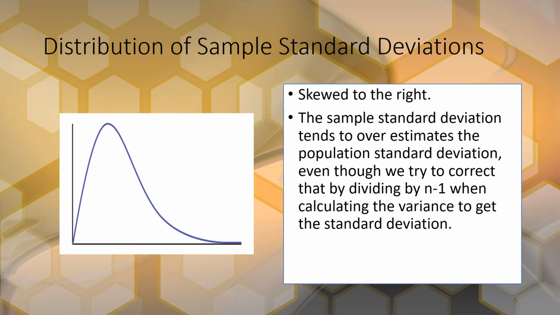It's going to underestimate it a lot of the time. And even though we tried to correct this with the degrees of freedom, which is n-1, so we try to correct it by dividing by n-1, which are the degrees of freedom, when calculating the variance to get the standard deviation. And even though we do that, it still underestimates it, so it's skewed to the right.